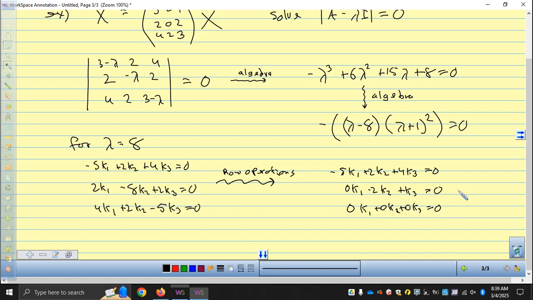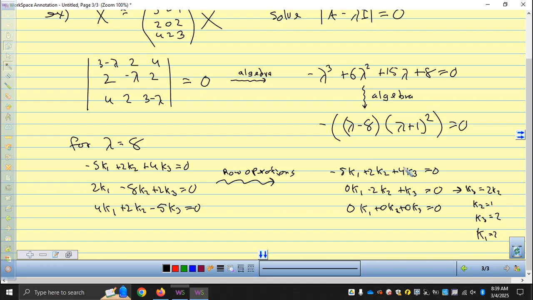From this row, we get that k3 equals 2k2. So I just picked k2 equals 1, and k3 is 2. And then I substituted these into the first row, and I said that gives us k1 equals 2.